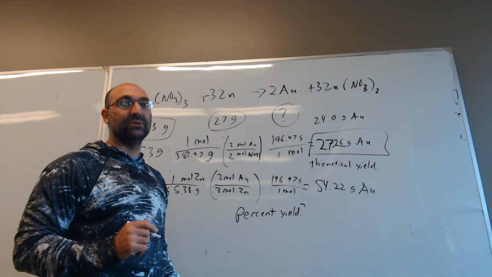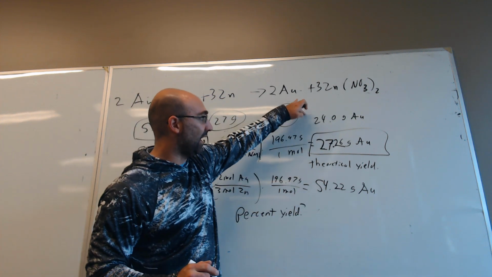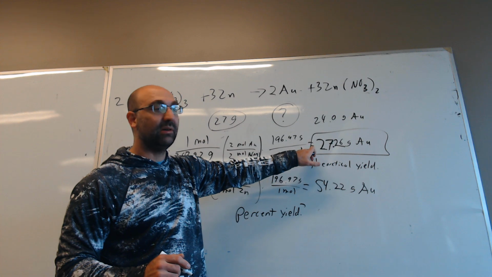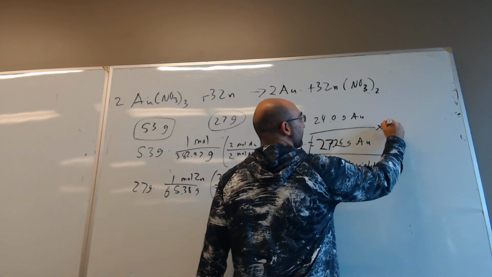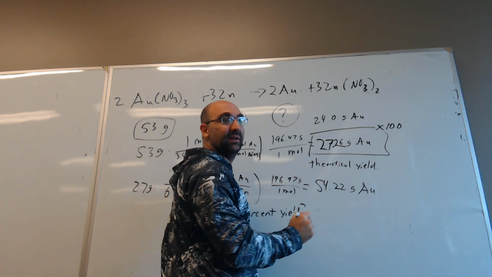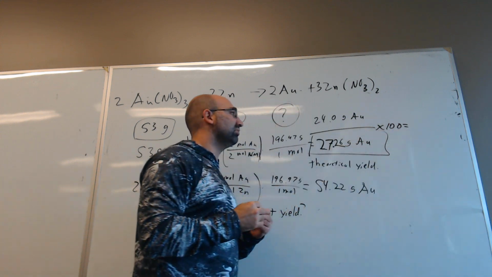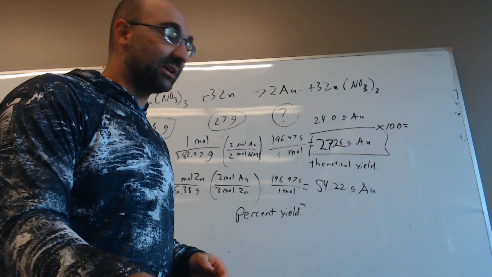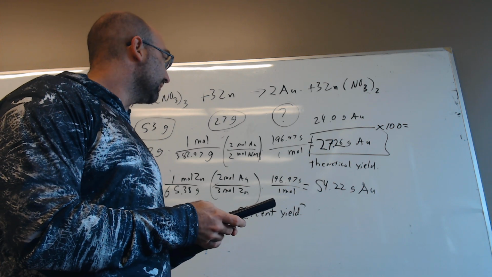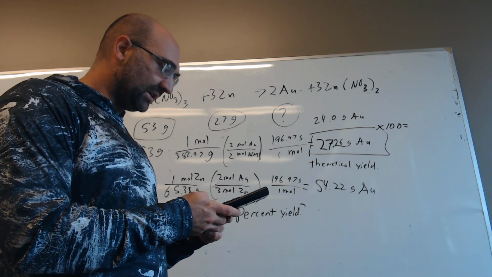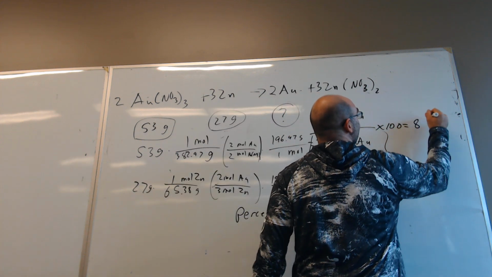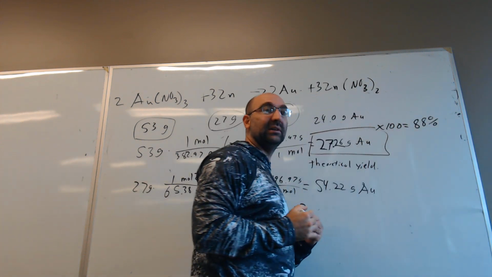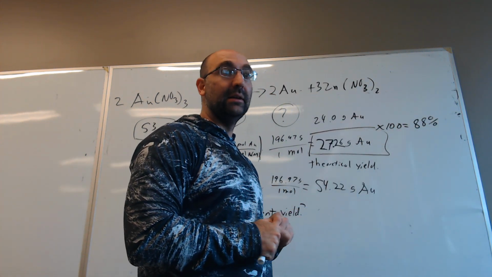To find percent yield, you take the actual yield, divide it by the theoretical yield, and multiply by 100. It's going to equal somewhere above 90% yield is my guess. 24 divided by 27.26 equals 0.88, times 100 equals 88% yield.